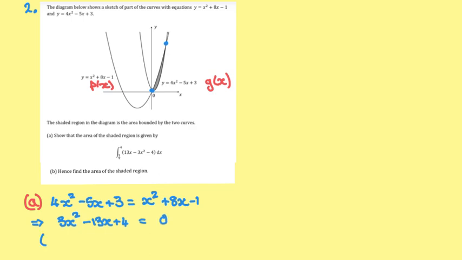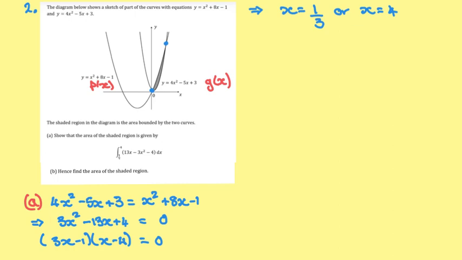I can factorize to get 3x minus 1 brackets x minus 4 is equal to 0. Therefore, I get x is equal to 1/3 or x is equal to 4.